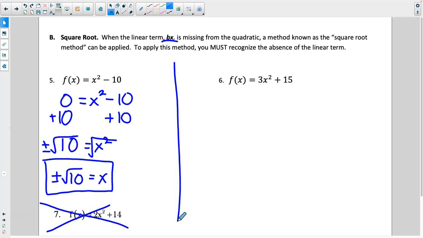You do number 6 then. Again, when you're solving, you always make the f of x 0.